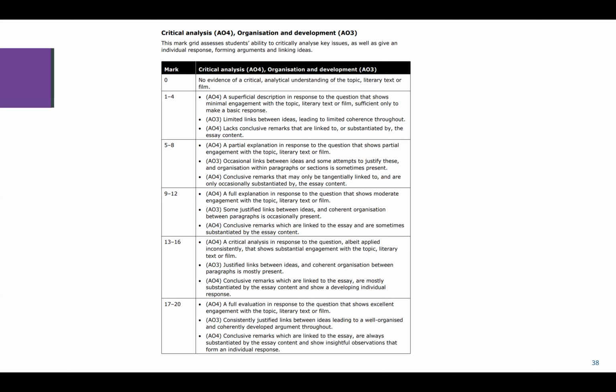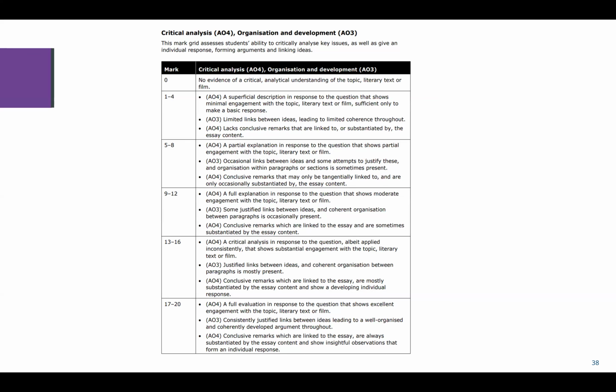So that's a critical analysis. They are expected to be critical about it, to say, oh, it works well because, but unfortunately, etc. So there is this critical analysis, and this I would say is the one that the students struggle with most.